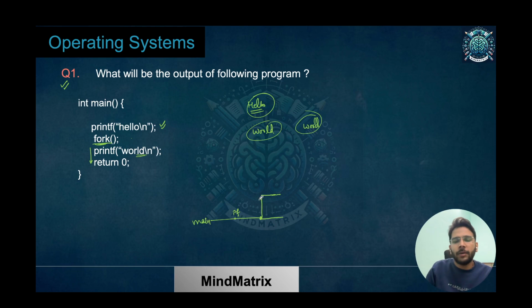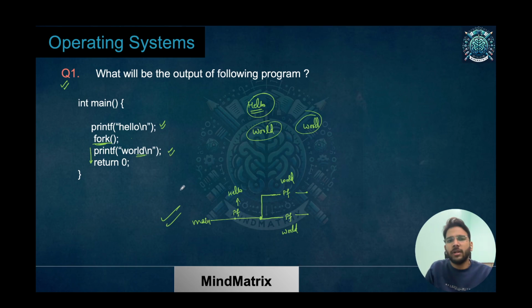The printf world will be printed by both, and then they return 0. So this printf prints hello, and this one and this one print world. This we call a process graph. We can use it to solve these types of questions.